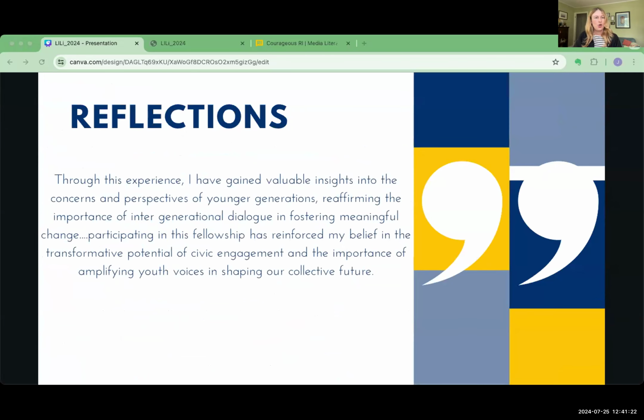And this student who missed the conversation at the senior center focused on the intergenerational conversations with the younger generations and how it reaffirmed their belief that media literacy is really important as a skill that should be taught throughout life.